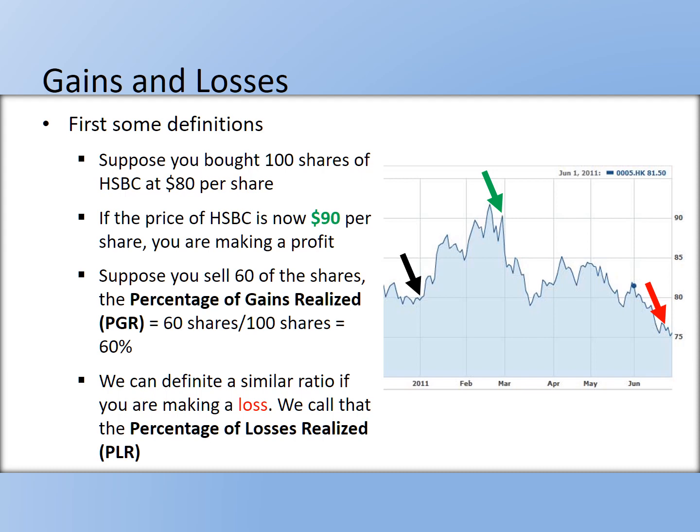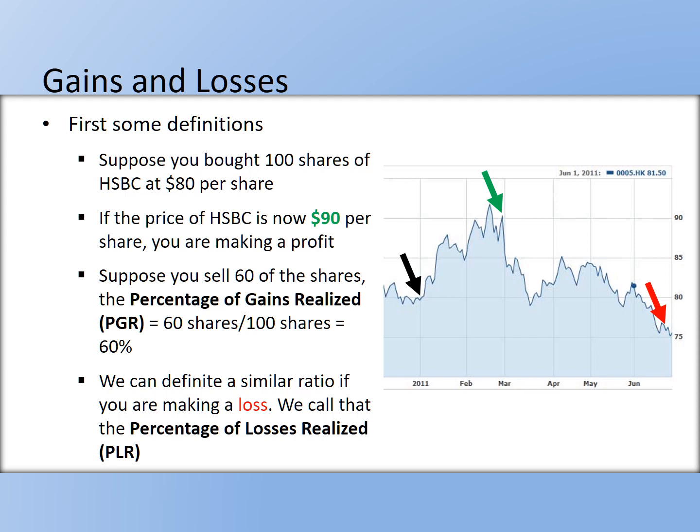In fact, if you're purchasing multiple times, the calculation becomes more complicated, right? Because the price you purchase would vary over time, right? Let's say you purchase 100 shares at $80 and another 100 shares at $85, right? Then when you sell at $82, are you selling at a gain or selling at a loss?